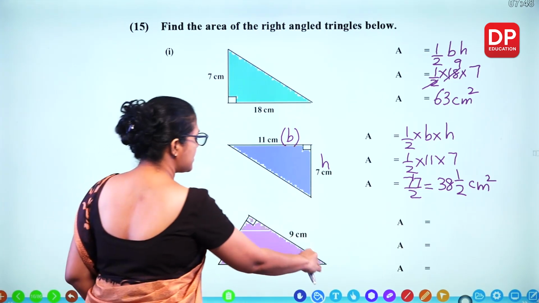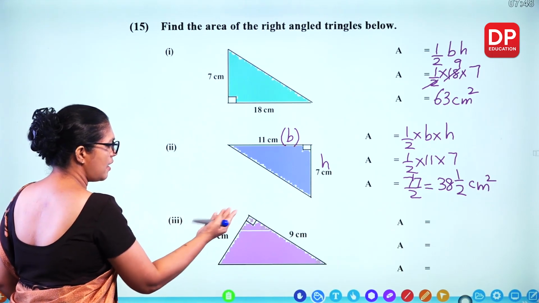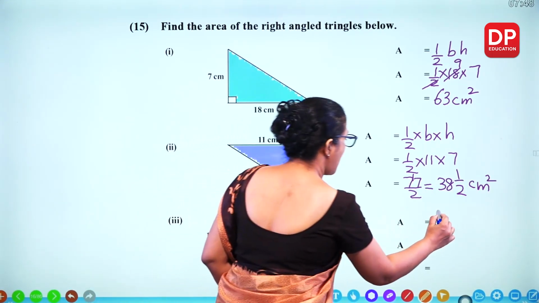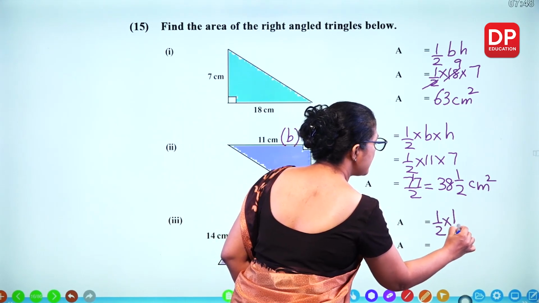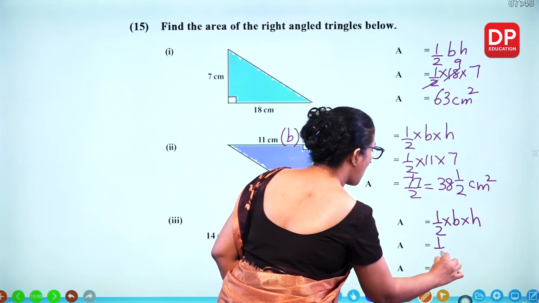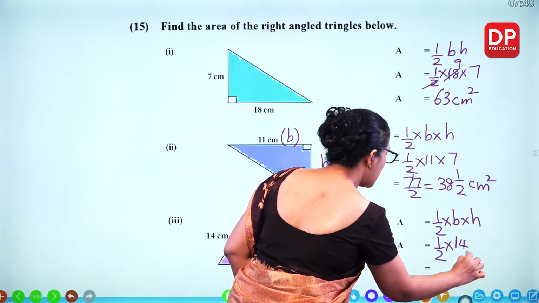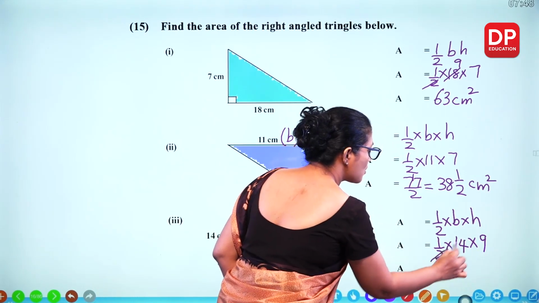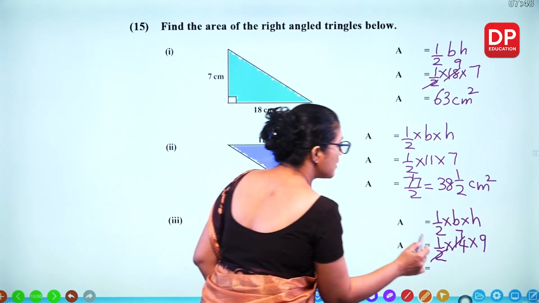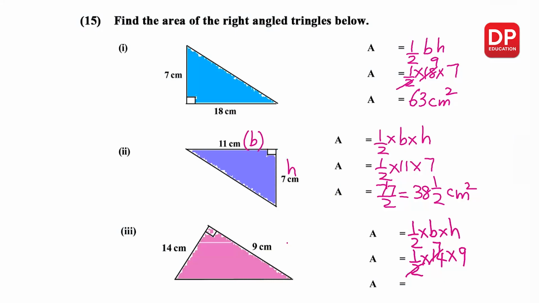If you take this as the base, this is the perpendicular height. So half into base into perpendicular height. That means half into 14 into 9. 2 times 7, 7 times 9. What's the value? 63 square centimeters.